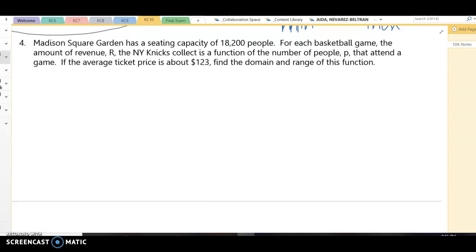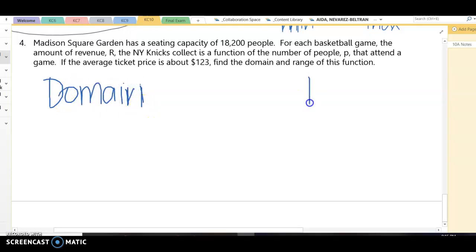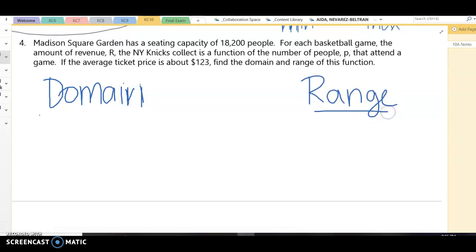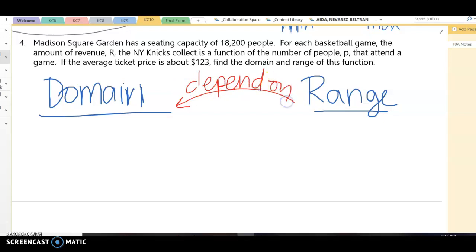Okay, so again, we're finding the domain and the range. We have to figure out what depends on what.